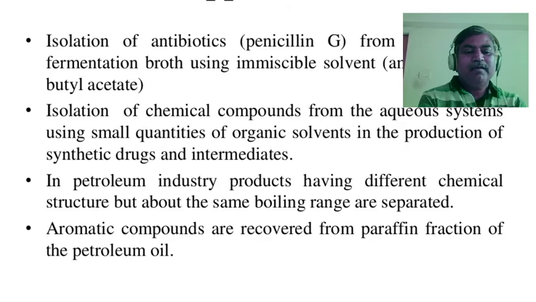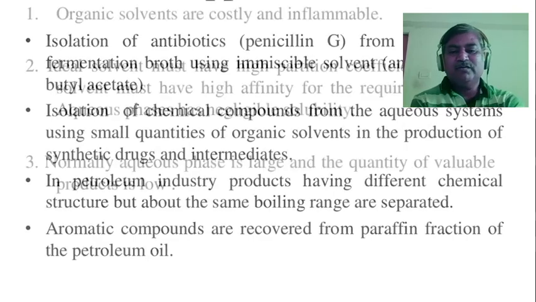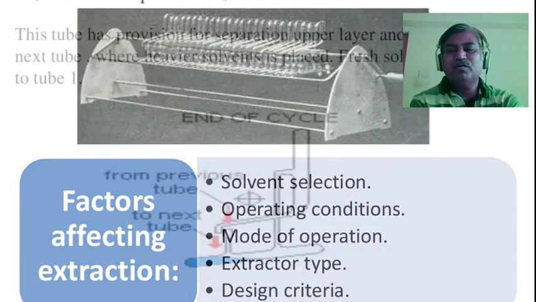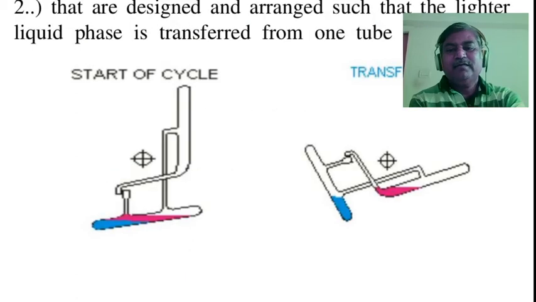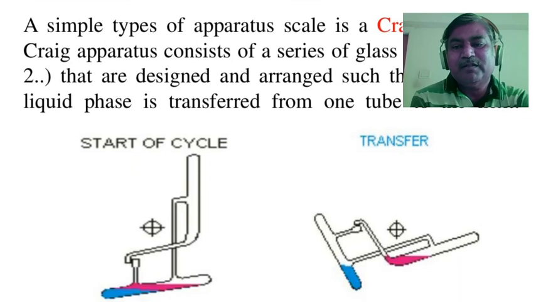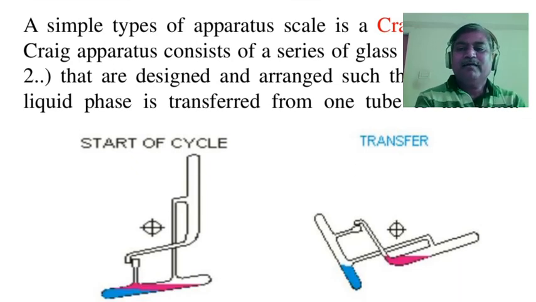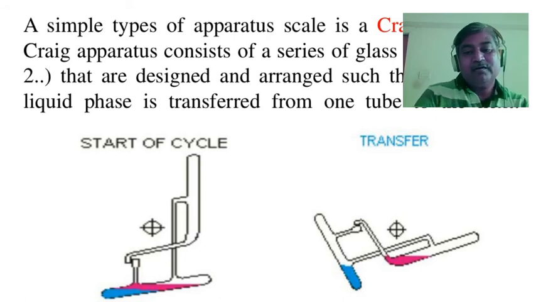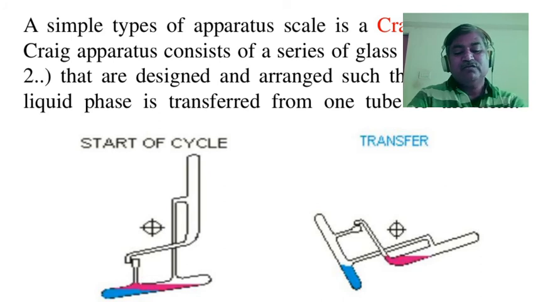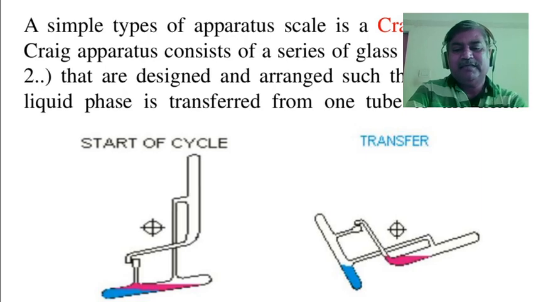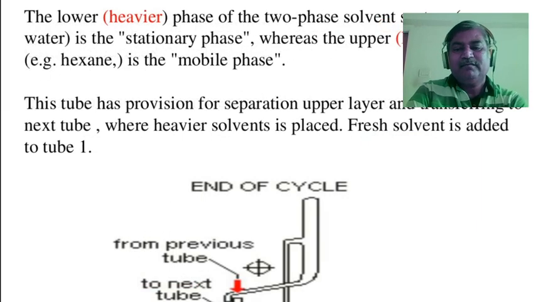So in this lecture, we have studied one of the most important techniques of solvent extraction, the Craig countercurrent method. It requires a specially designed tube known as the Craig countercurrent tube. This tube has a structure like that shown in this slide and functions at 90 degrees.